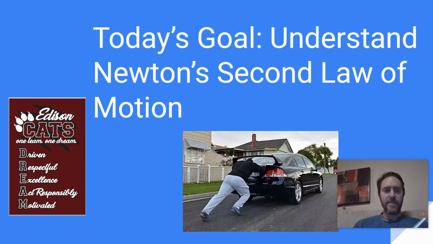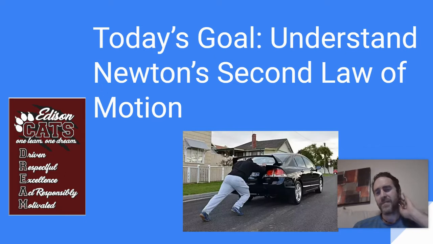Anyway, today's goal is to understand Newton's second law of motion. Remember, last week we looked at the first law, which was that any object at rest stays at rest, and any object in motion stays in motion at the same velocity unless there's a force on it.